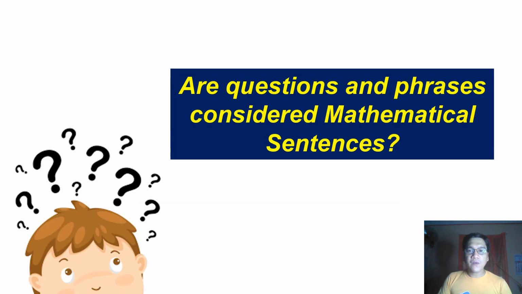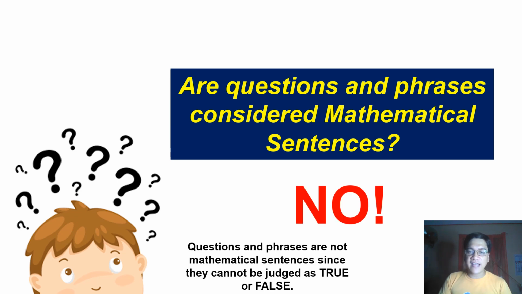Now, are questions and phrases considered mathematical sentences? The answer is no. Questions and phrases are not mathematical sentences since they cannot be judged as true or false. You are merely being asked a question to which you reply with an answer.